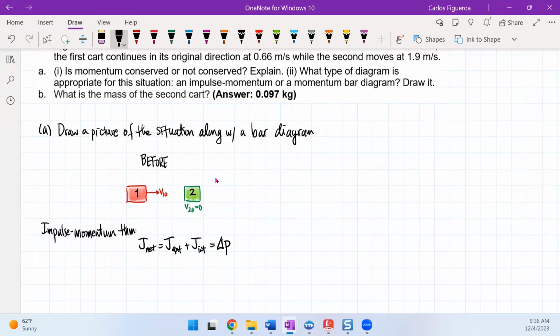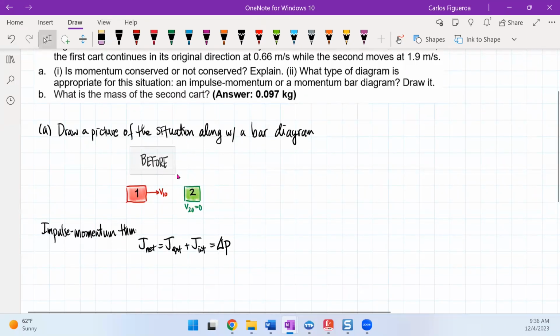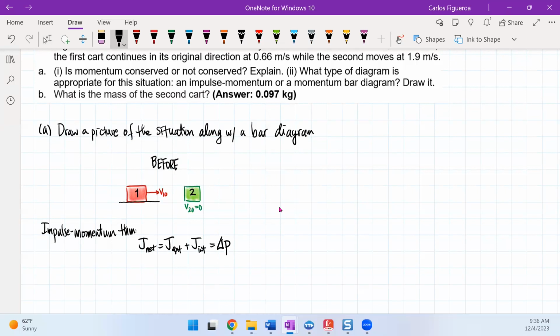So I have to define my system. So what is my system to see what's going on? I know that this is occurring along a frictionless surface. So if I make my system here, it's going to be block 1 plus block 2.